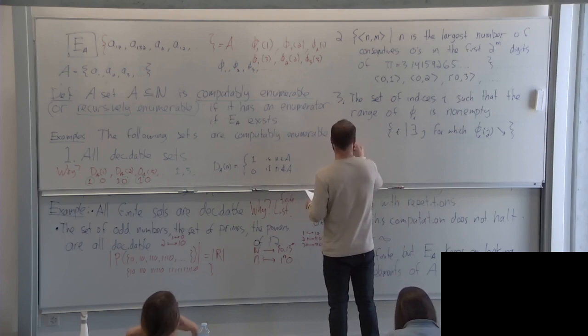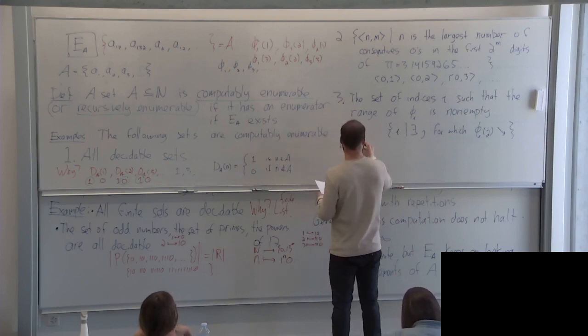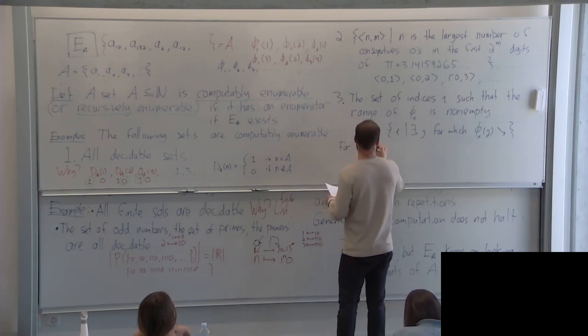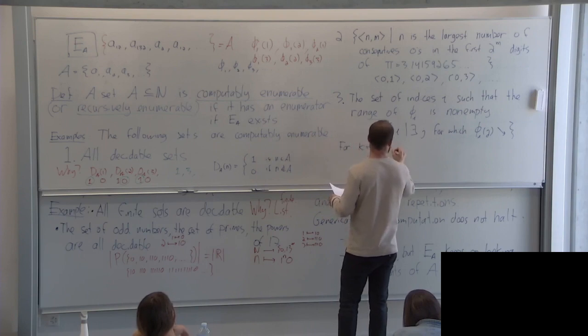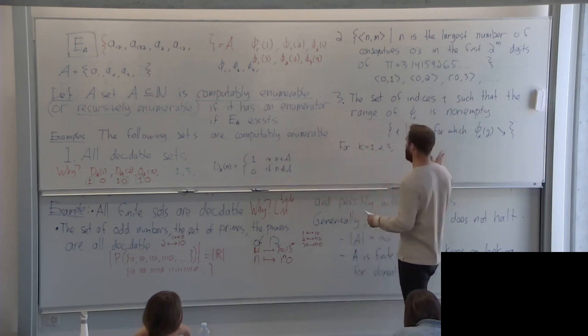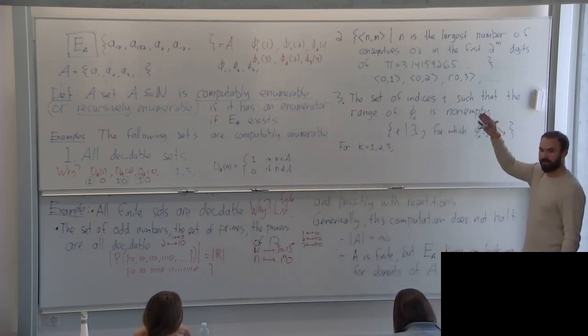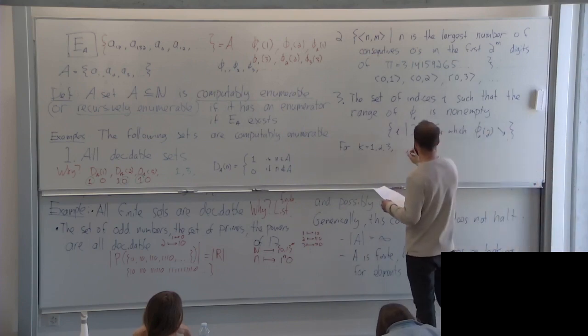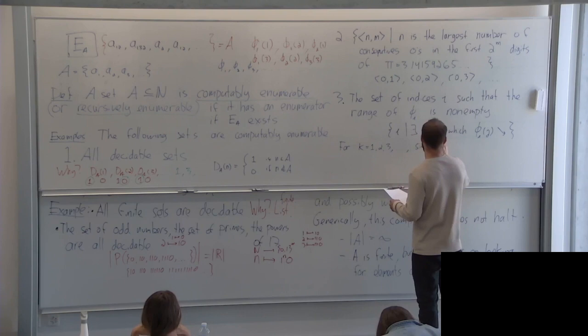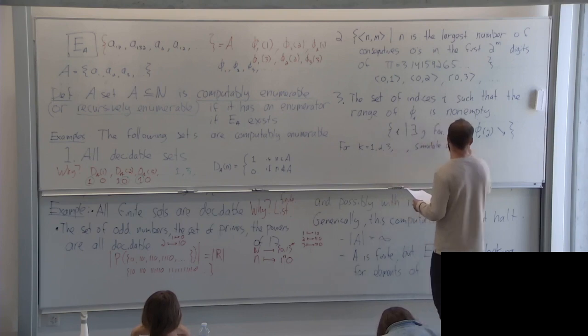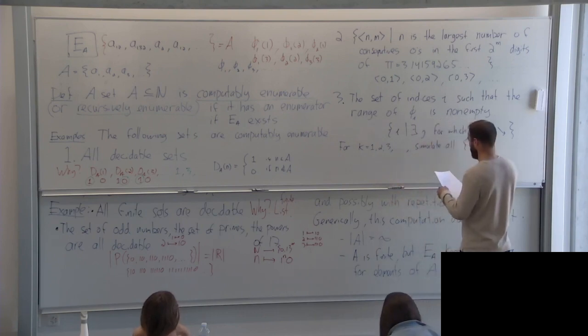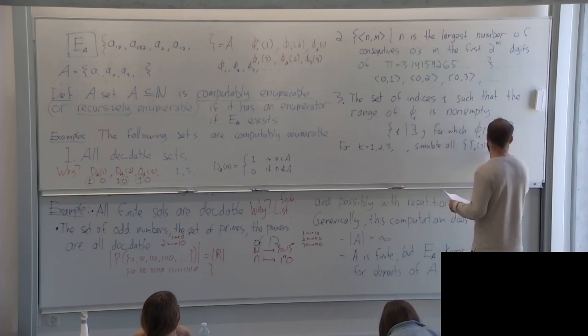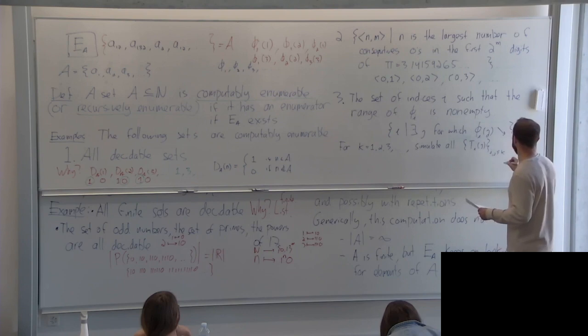For k equals 1, 2, 3, and so on, k is going to be increasingly larger. Simulate all of those Turing machines T_i on input j for i and j smaller or equal than k.